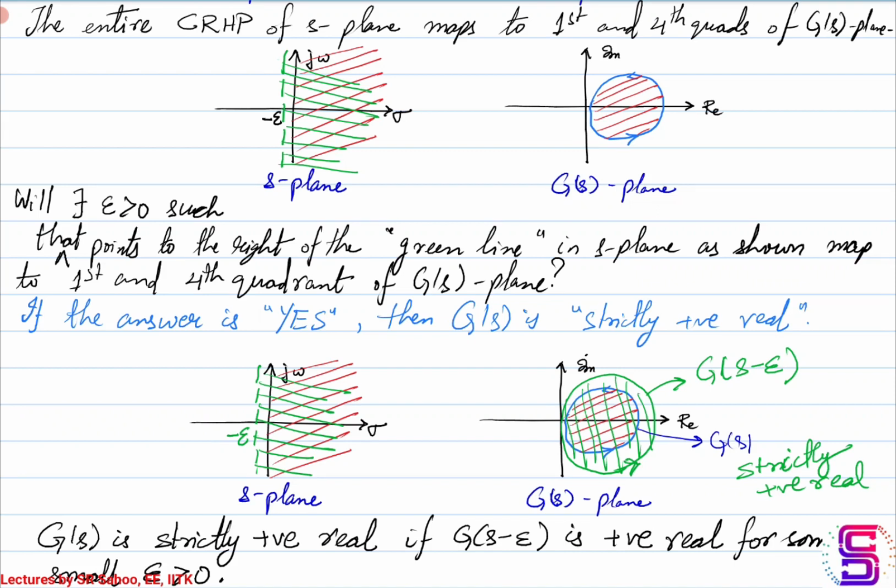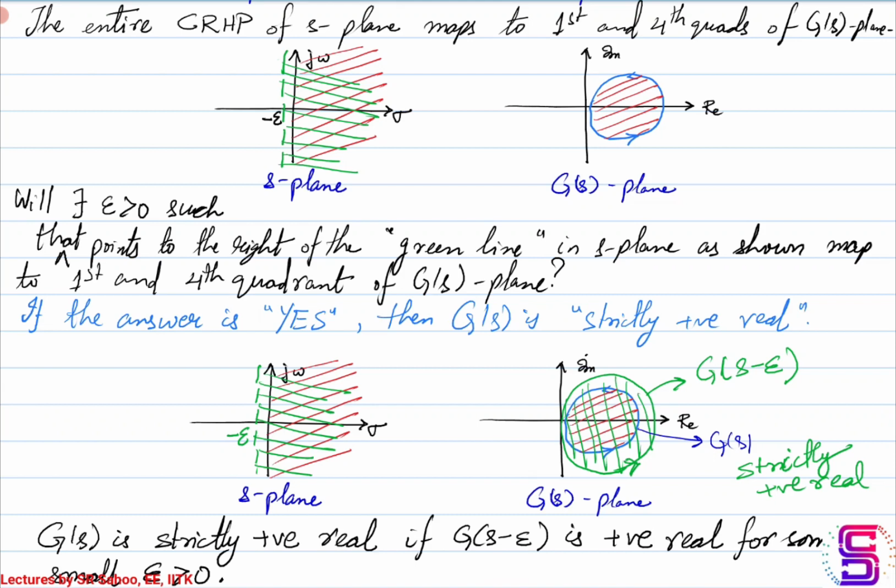Okay, so the question is, will there exist a positive constant epsilon such that the points to the right of the minus epsilon axis, which is shown here in the green dashed line in the S plane, will map to the first and fourth quadrant in the G(s) plane?